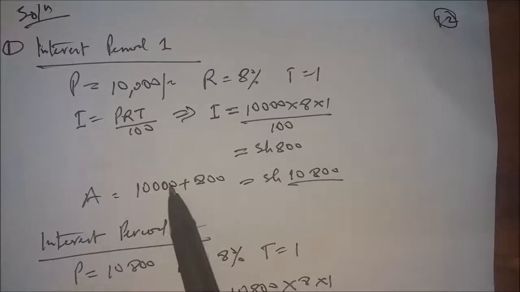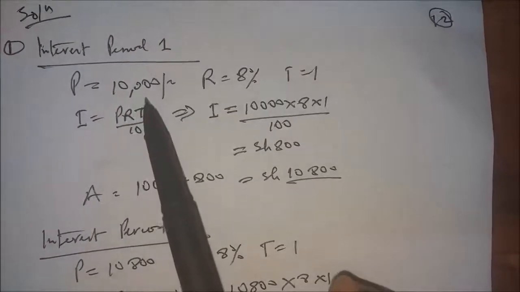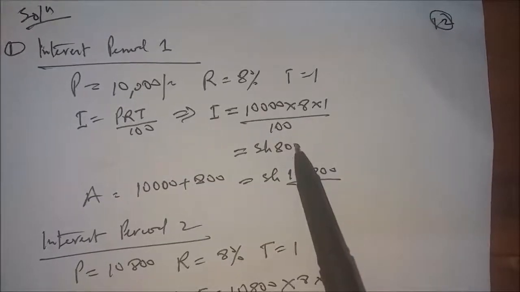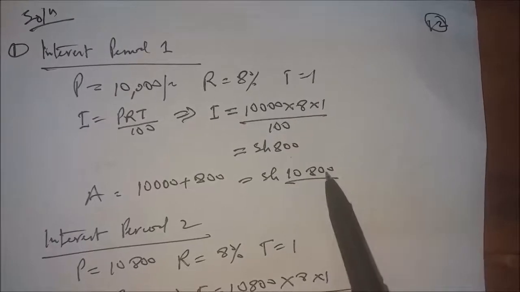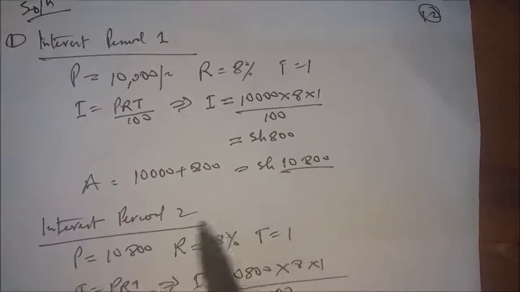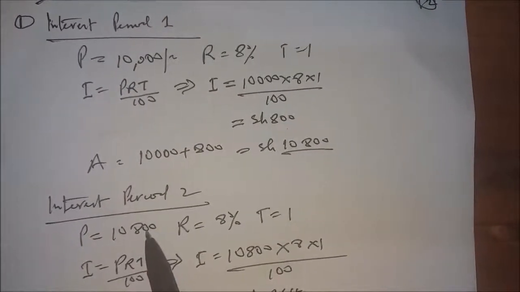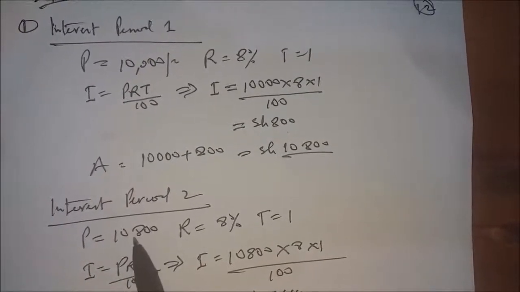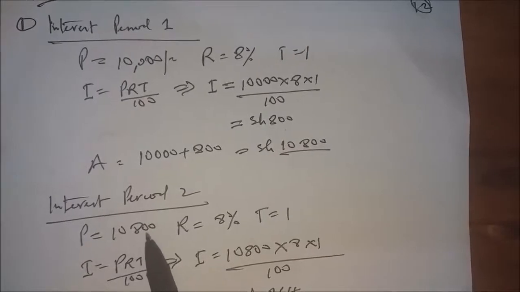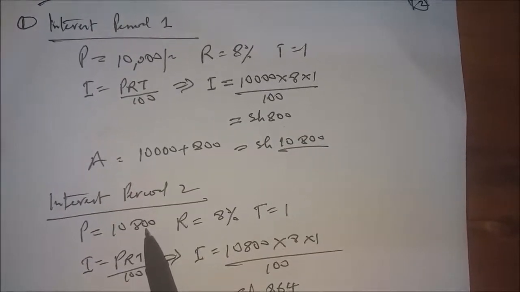That is the sum of principal and interest. 10,000 plus 800, we get 10,800. This amount is reinvested in year 2. So at the beginning of period 2, our principal is now 10,800, once again reinvested at 8%.